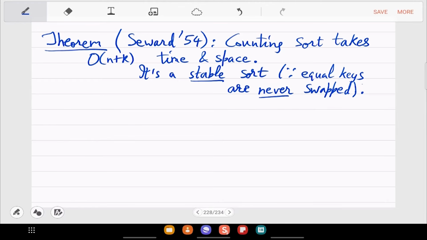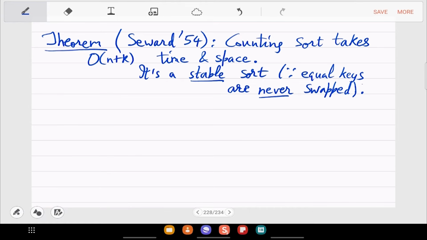Like value 2 coming before value 1, then you are forced to swap. But value 2 and value 2, wherever they appear, they will stay in the same order in the output. So that's what a stable sorting algorithm is. So counting sort is linear time, is order n plus k, and it is a stable sorting algorithm.